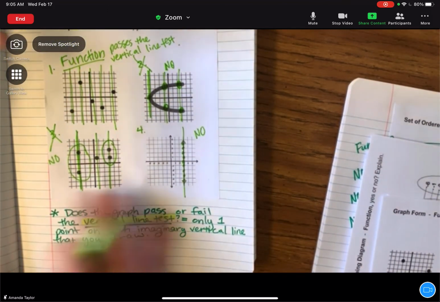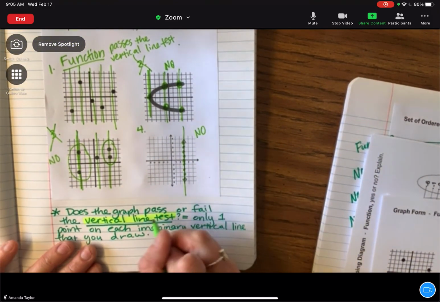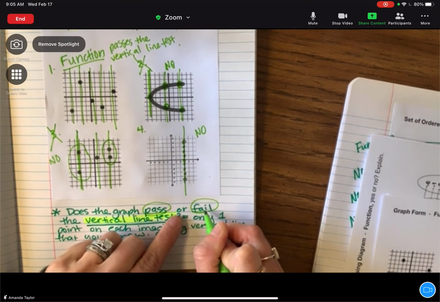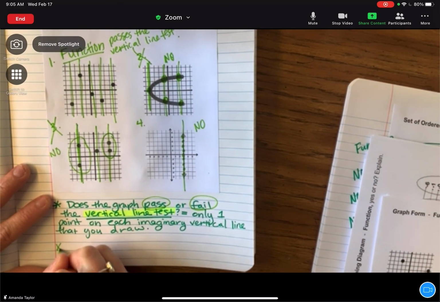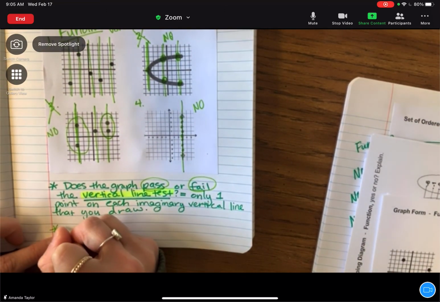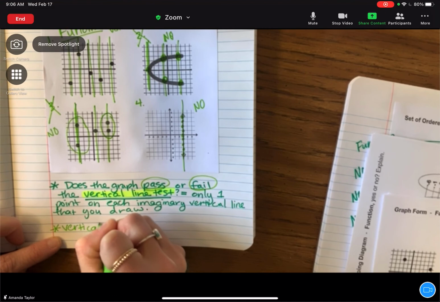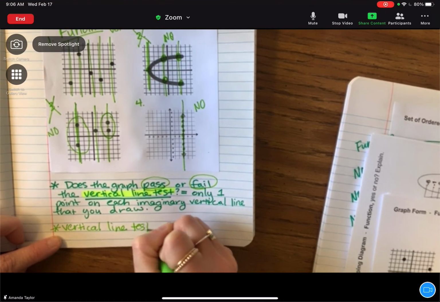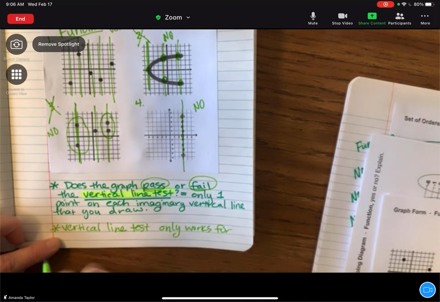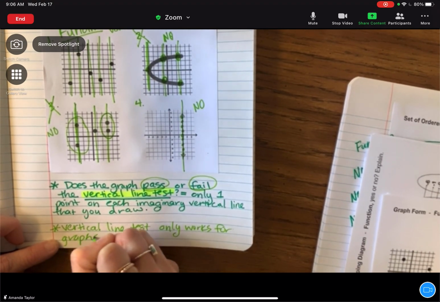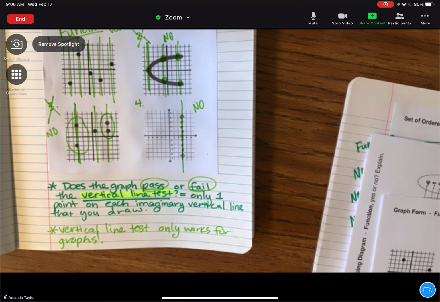This wording of passing, does it pass or fail the vertical line test, only works for graphs. Vertical line test only works for graphs. If I give you a table, don't tell me, yes, it passes the vertical line test.